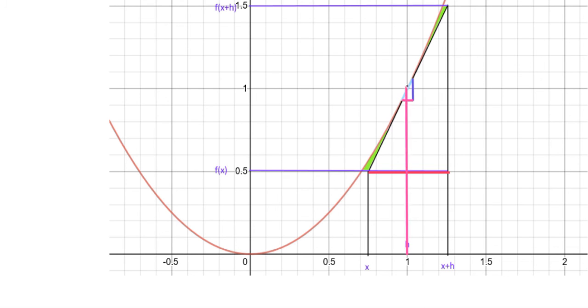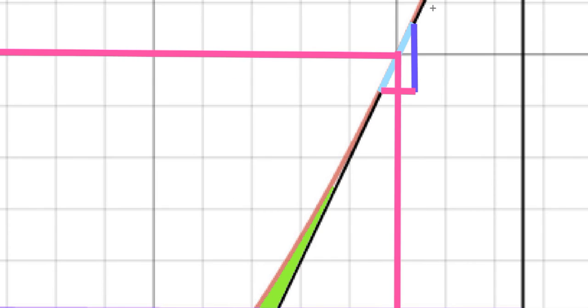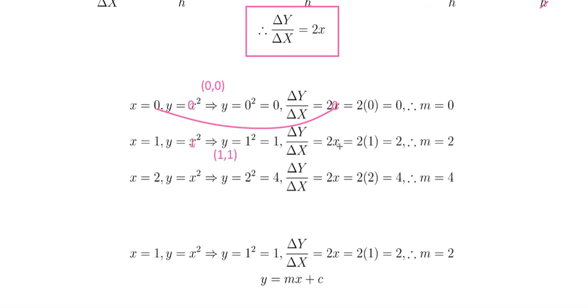There is our x equals 1, y equals 1, and this is the gradient at this point. We were trying to figure out what's the gradient at this point here. And we can work it out because x is 1, so if I plug it into my equation of the gradient, it will become 2 times 1. 2 times 1 is 2, so the gradient is 2.